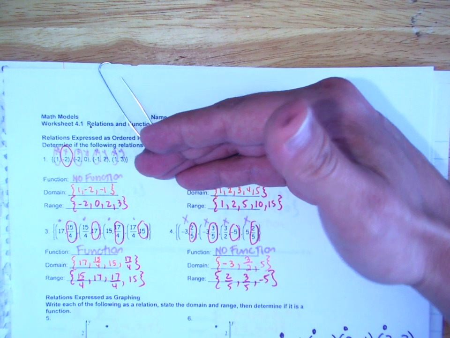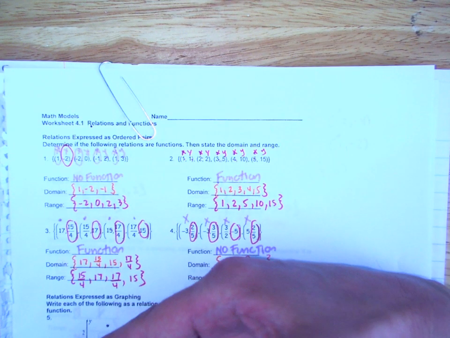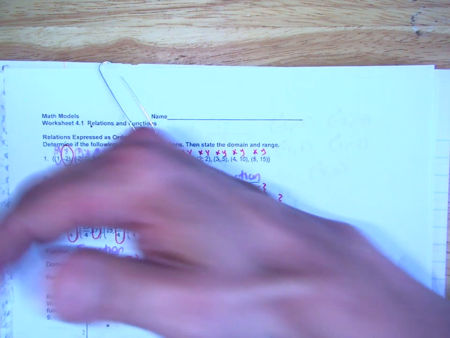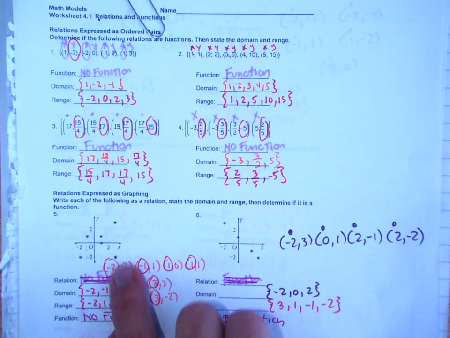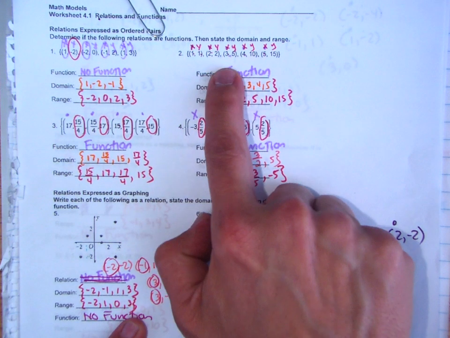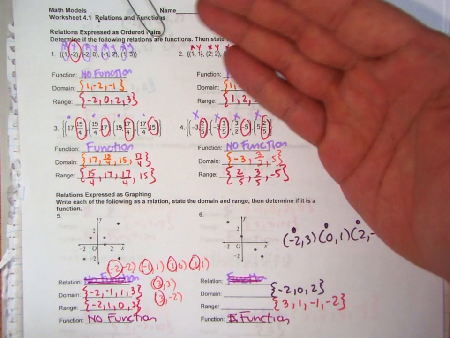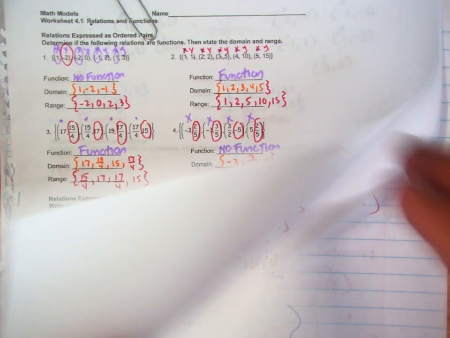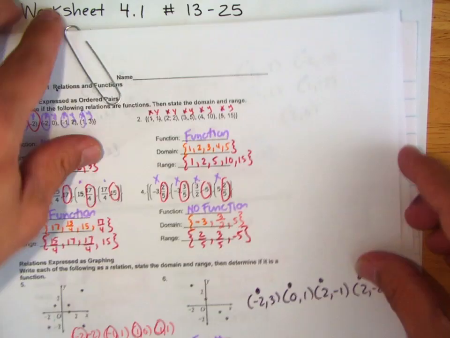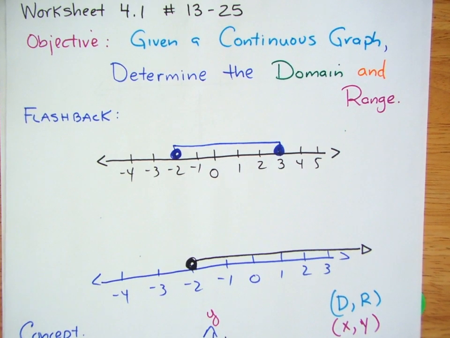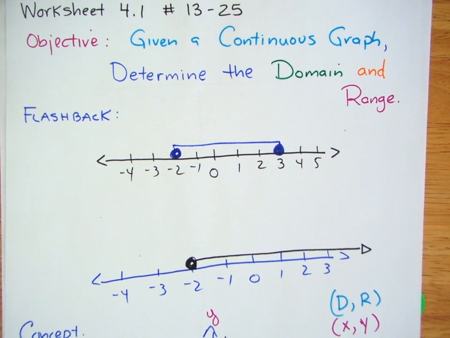That was day one. And then day two was to determine the domain and the range of just the scattered points, the coordinates. Now we're going to do the same worksheet, but focus on the domain and range for the graphs.